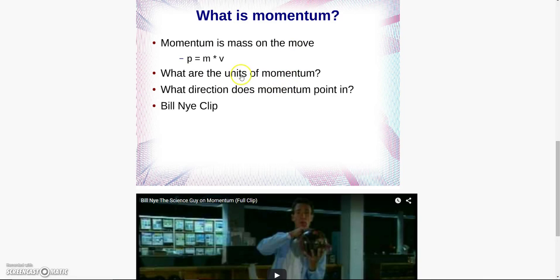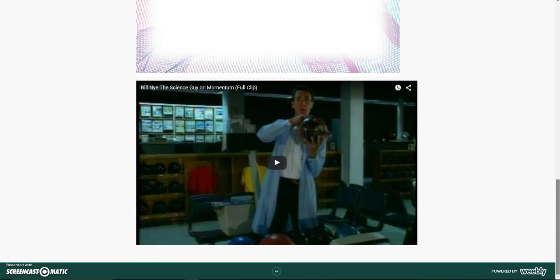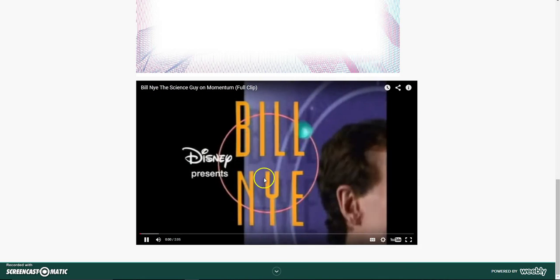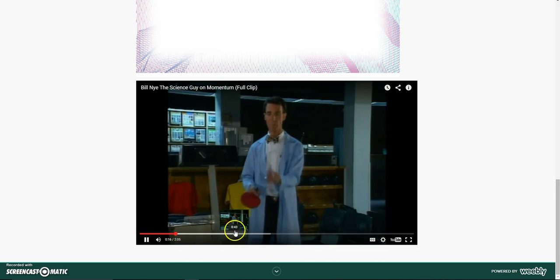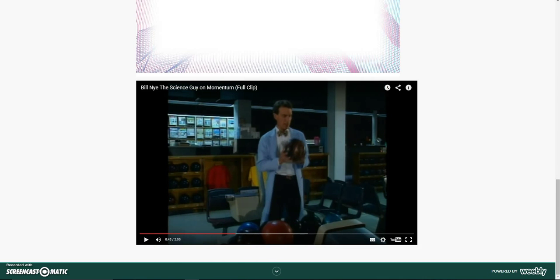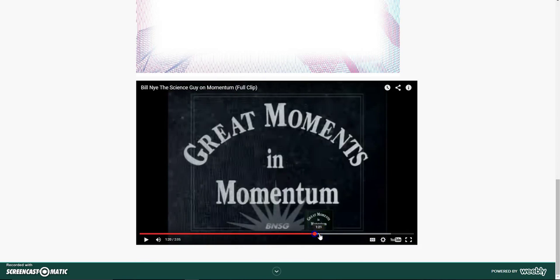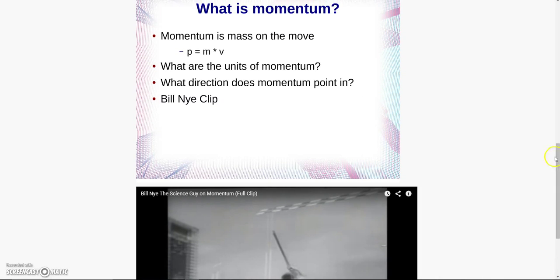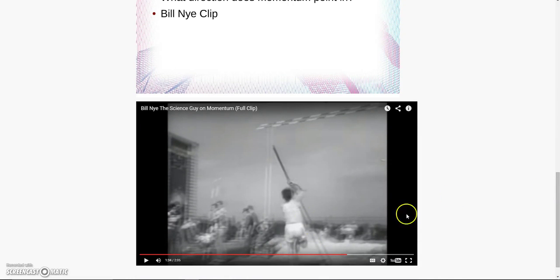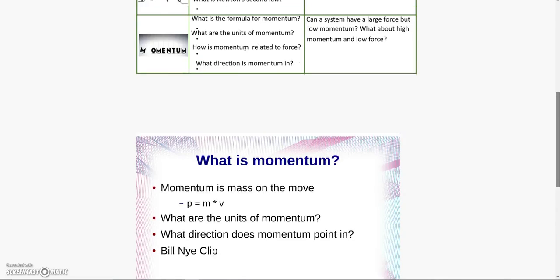We'll go on into momentum. I have a Bill Nye clip here that's quick, and I can play a little bit of it. It's explaining why a bowling ball can knock down pins, but a ping pong ball can't.